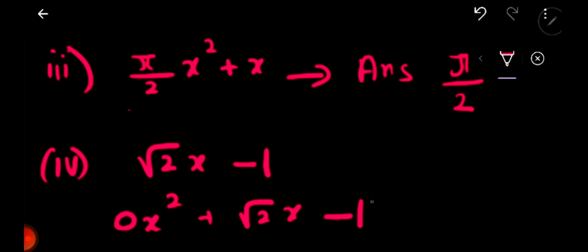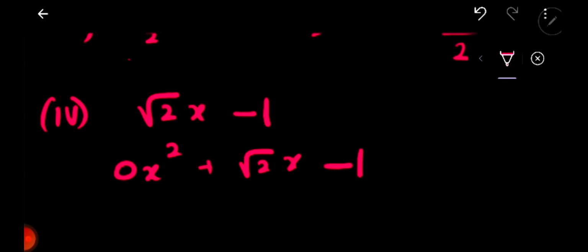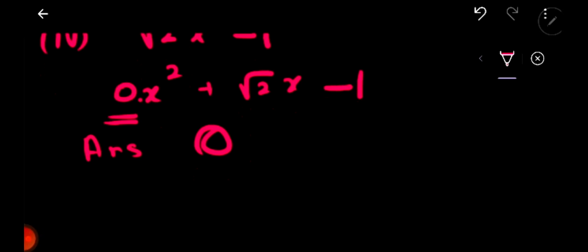Anyhow the value will not change. Now we have to check the number part of x squared. Here the number part of x squared is 0. So our answer is: the coefficient of x squared is 0. So we completed the second question.